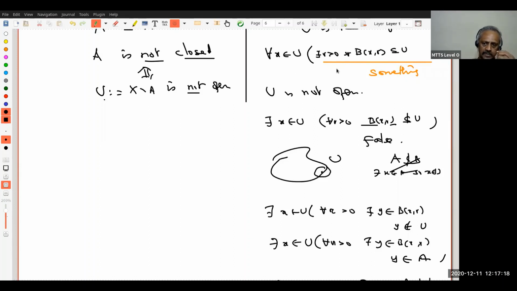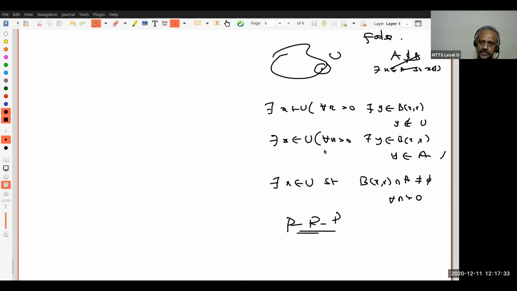Okay. So when B(x,r) is not contained in U, what is the meaning? There is at least one element y in B(x,r) which is not in U. But what is U? A complement. Therefore, where does this y belong to? It belongs to A. That means give me any open ball centered at x, I can always find an element of A inside that open ball.